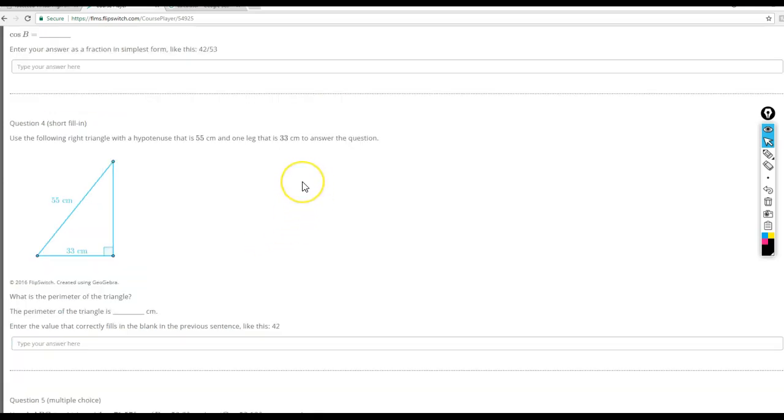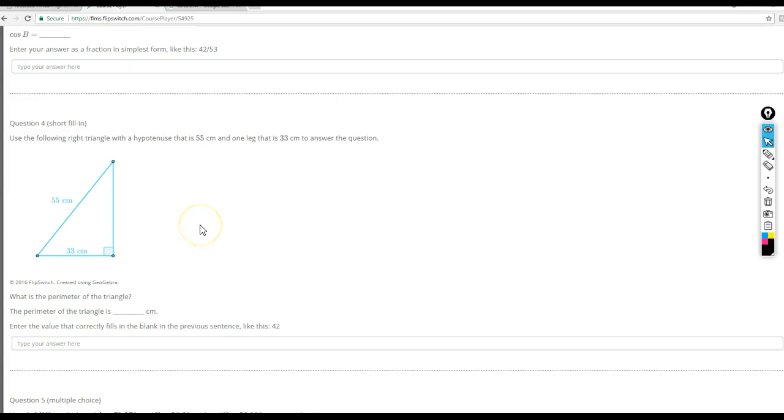And we'll jump to question 4. Use the following right triangle with a hypotenuse that is 55 centimeters and one leg that is 33 centimeters to answer the question. What is the perimeter of the triangle? Okay, so it's a right triangle, and I'm missing a side length, and I have no other angles provided besides a 90-degree angle.